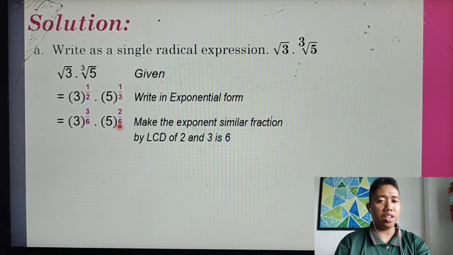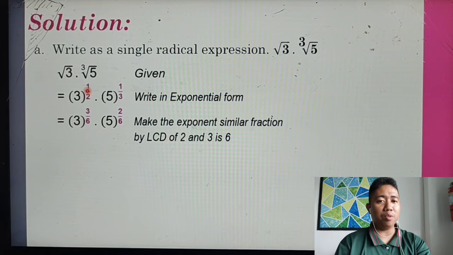Then we convert into equivalent fractions. 6 divided by 2 is 3, multiplied by 1, so we put 3. So 3/6 is equivalent to 1/2. And 6 divided by 3 is 2, multiplied by 1, so we get 2. So 2/6 is also equivalent to 1/3.